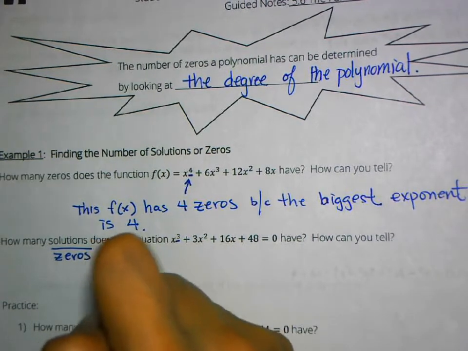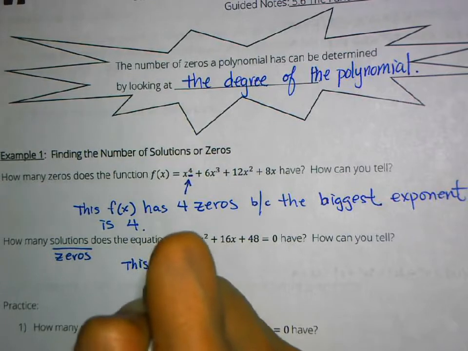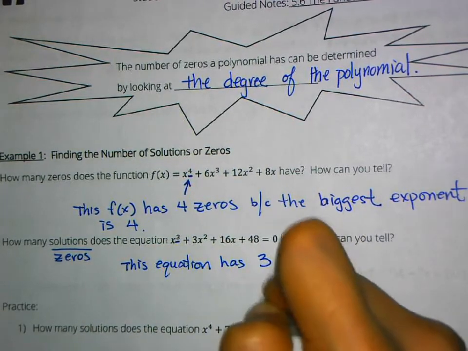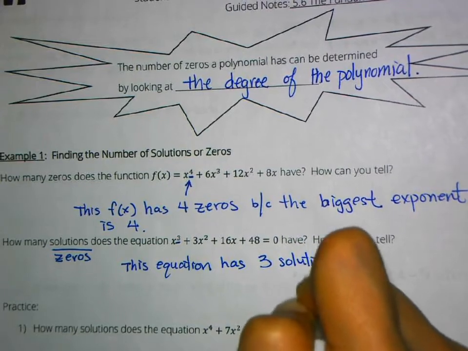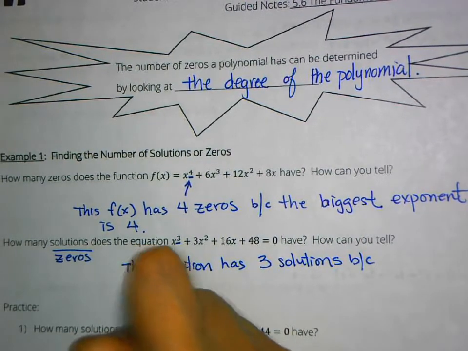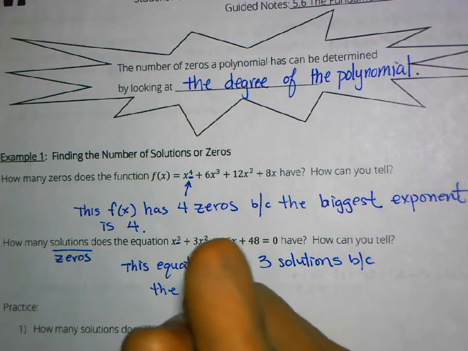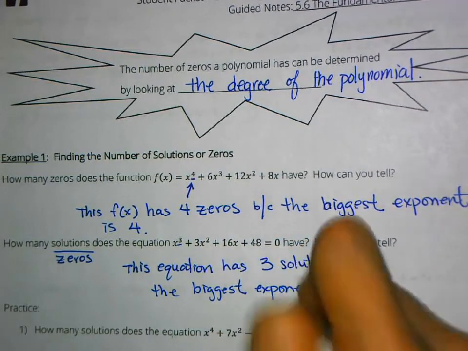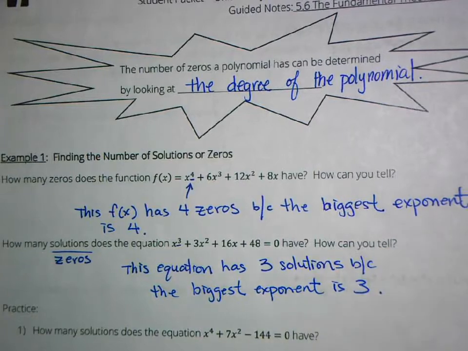So this equation has 3 solutions, because the biggest exponent is 3. As straightforward as that.